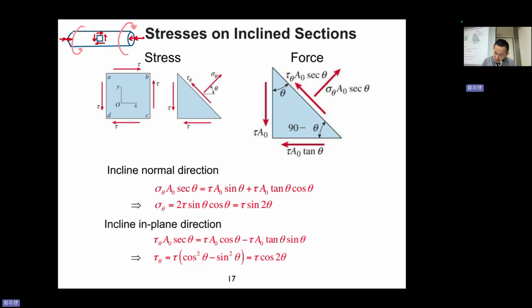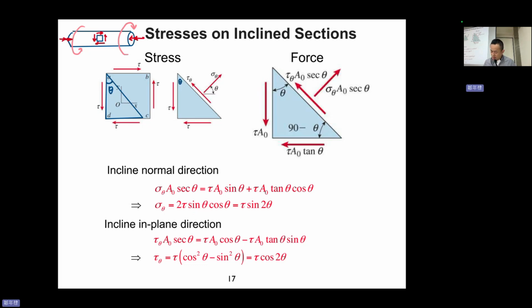So let's take a look. We are going to cut a surface oblique, inclined about theta. So this area, we cut it. Of course, this is theta, right? So this angle, just like this, right? So we cut it, and then leave the left-hand side.